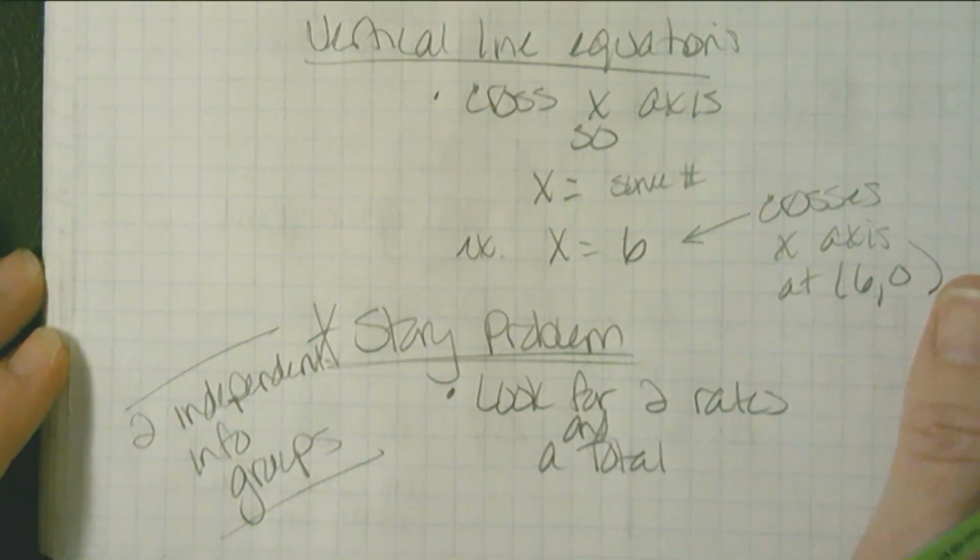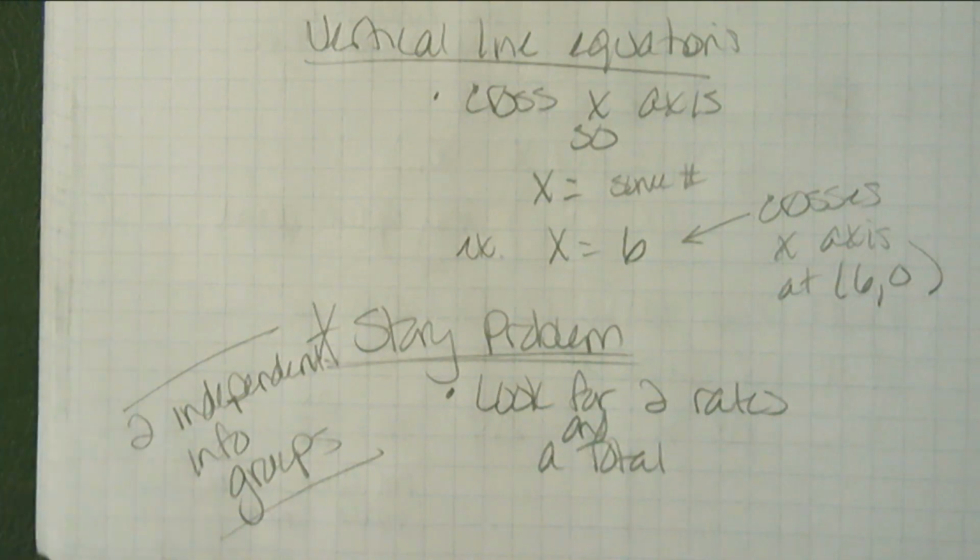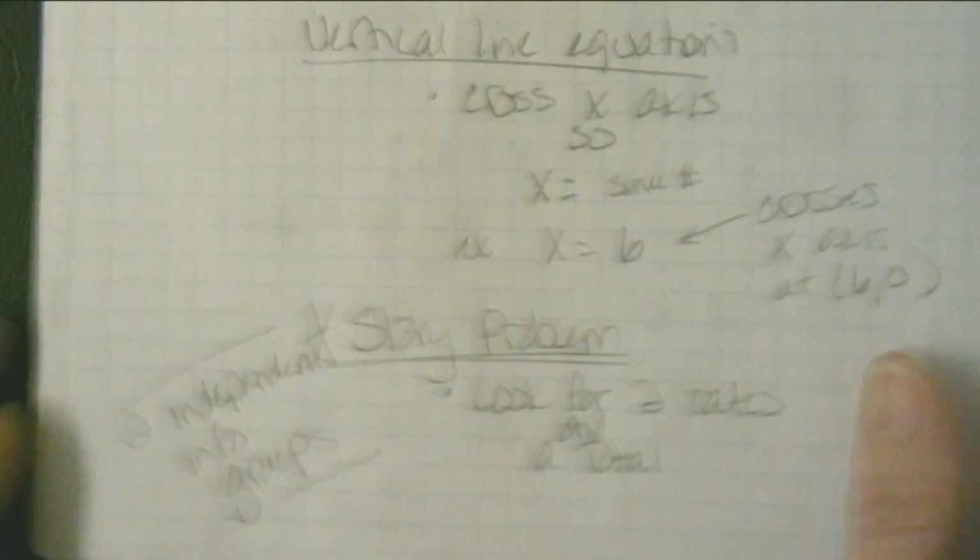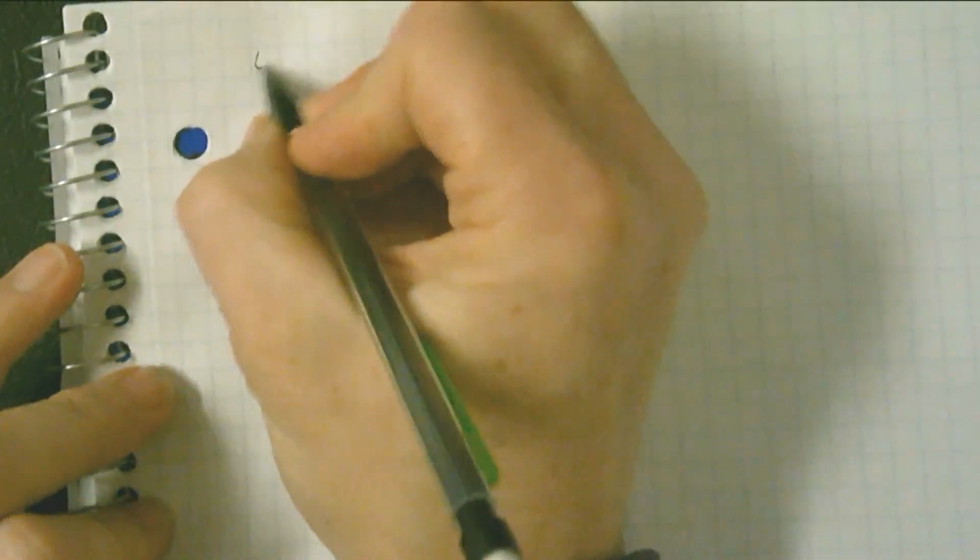Who needs to see what's up there? Are you good? Awesome. So 4.5, these were parallel and perpendicular lines.